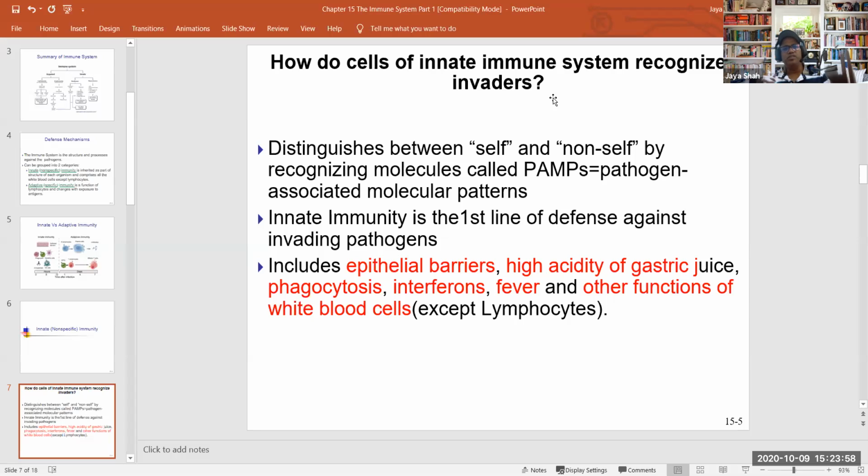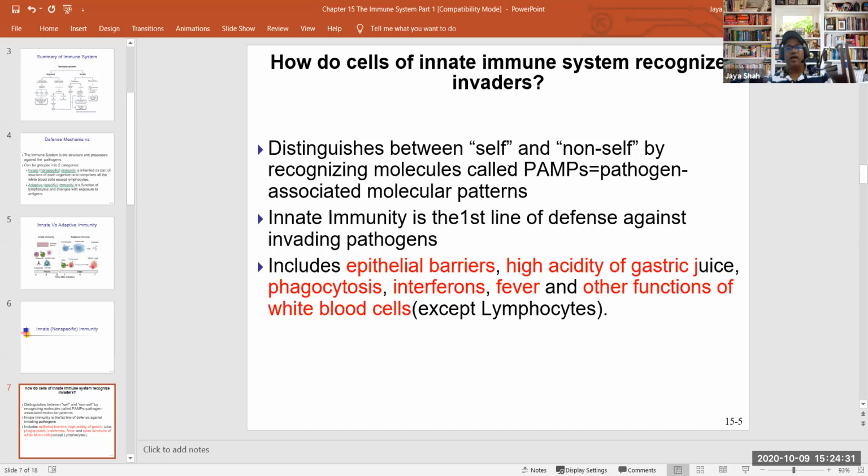But those proteins are not considered foreigners, and our immune cells do not attack them. But when they are foreign, they attack them. So how do they recognize them? They distinguish between self and non-self by recognizing molecules called PAMPs, which is pathogen associated molecular pattern. Okay.